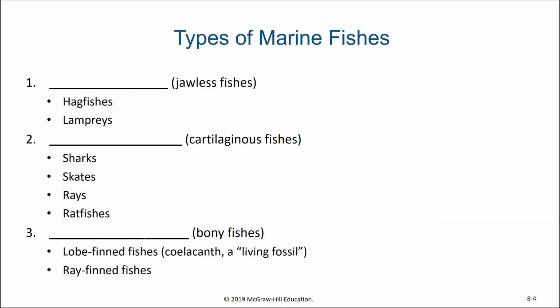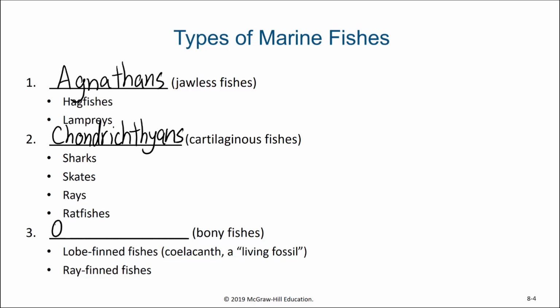The three major classes of fish are the agnathans, or jawless fish, the chondrichthyans, or cartilaginous fish, and the Osteichthyes, or bony fish.